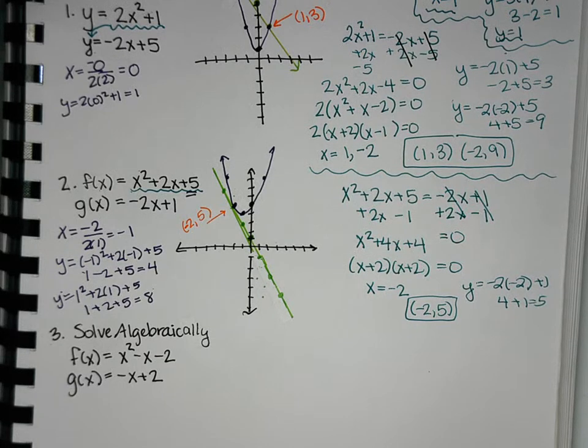Okay, any questions about how to do either graphing and telling or algebraic at this point? Again, you only have to do both of these on the first 4 problems. After that, you're just doing algebraically like we're going to do in number 3.